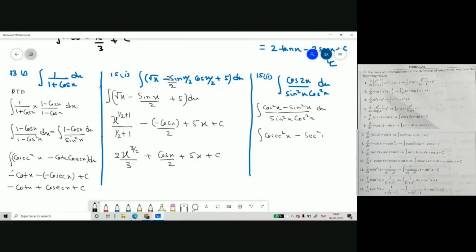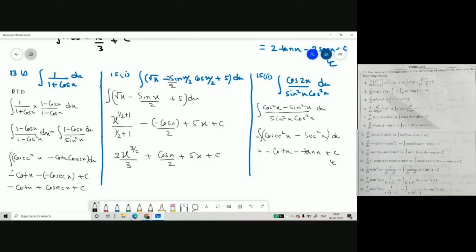This is sec square x dx over here, which means cosec square x integration we know that's minus cot x, minus sec square x integration we know that's tan x plus c.